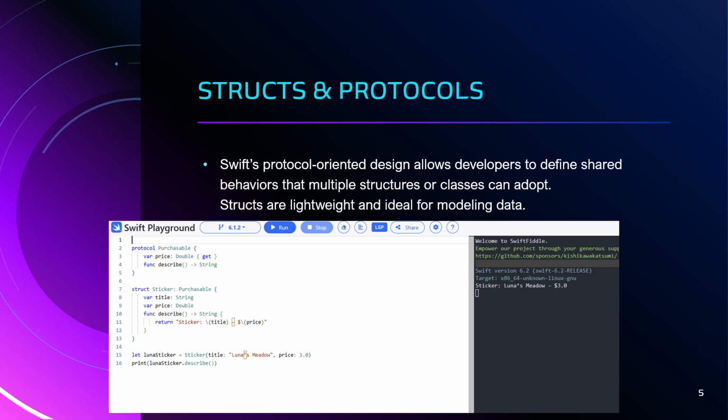So I created a sticker struct with a name and price that conformed to a Purchasable protocol. When I ran the code, the console printed "Sticker, Luna's Meadow, $3." It's such a short piece of code, but it shows how Swift encourages reusable, organized logic.